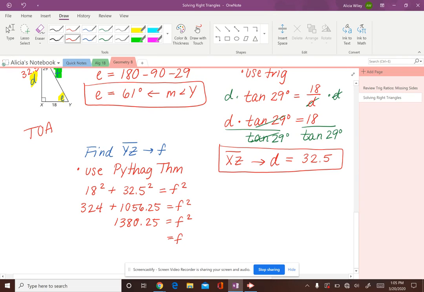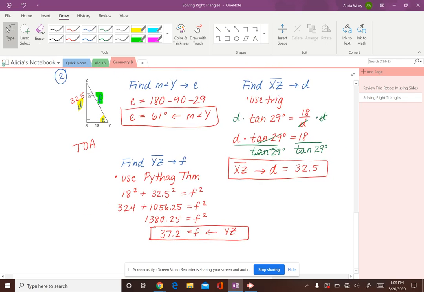So we're going to square root that answer, and you get 37.2. And again, this is a side length. This represents YZ, and that is the last part that you need to find.